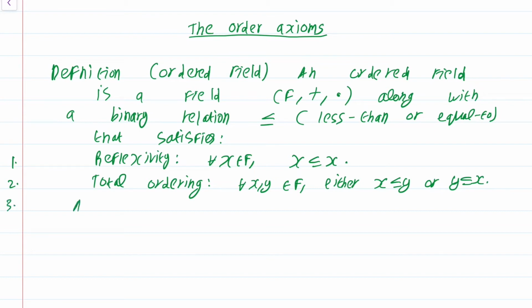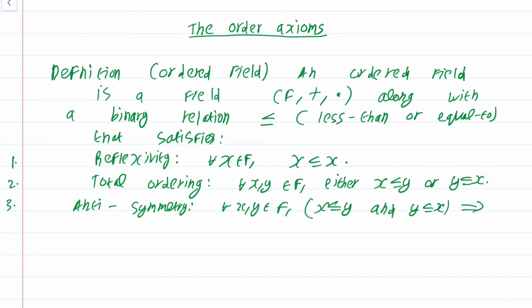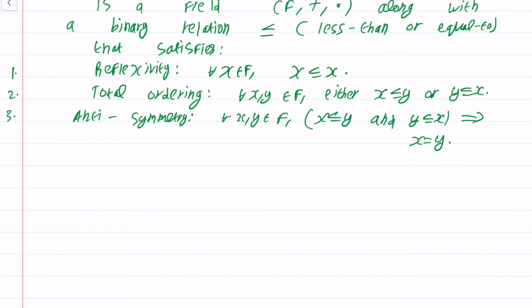That's the content of the next axiom, antisymmetry. Antisymmetry says that for all x, y in F, x less than or equal to y and y less than or equal to x forces x to be equal to y. The only element that is less than or equal to itself and greater than or equal to itself is the element itself.